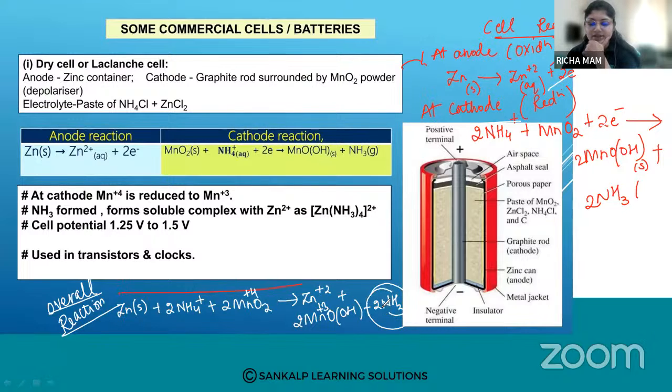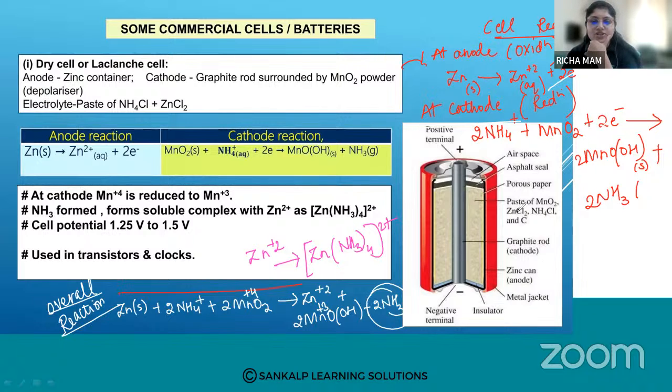Ammonia is produced here, and it will react with the Zn2+ ions. So this ammonia reacts with the Zn2+ ions and forms [Zn(NH3)4]2+. This particular complex is formed and it is a soluble complex.